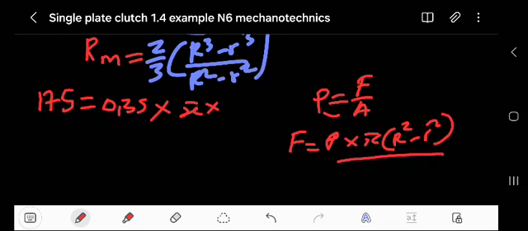This is what our force is given by, so I will simply substitute this as it is.